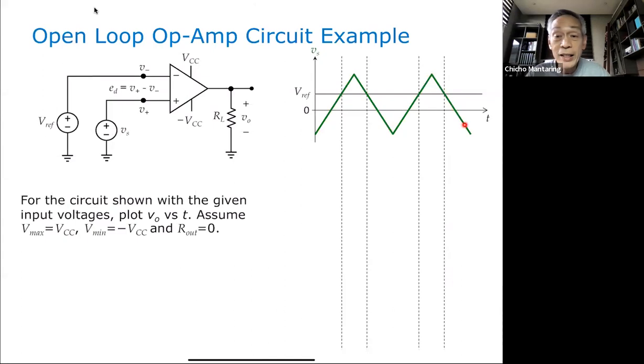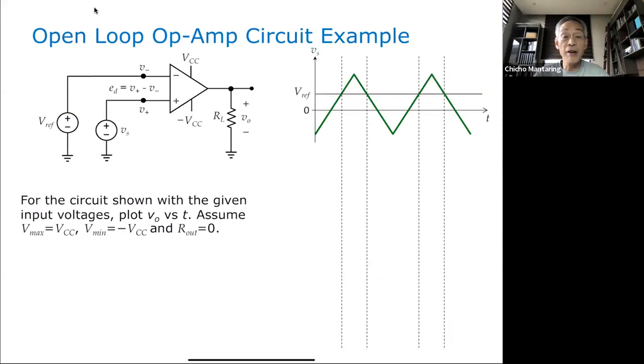It is a time-varying signal. It varies with time, so the horizontal axis is time. The shape of my signal, sometimes we call this a triangular wave, is this V sub S. And then I have connected to my inverting input a constant voltage, which I call Vref, and this is the value of Vref.